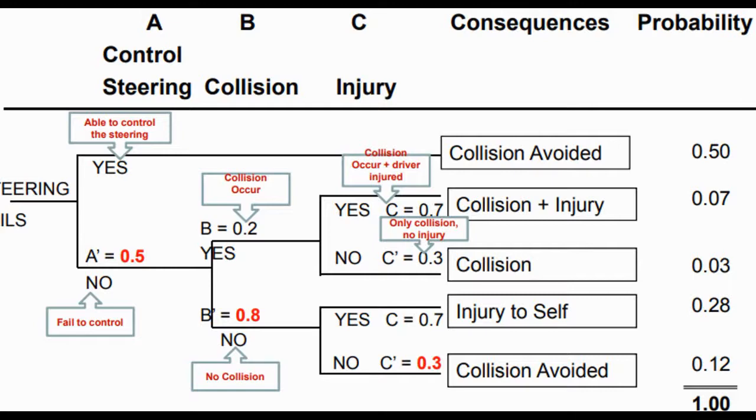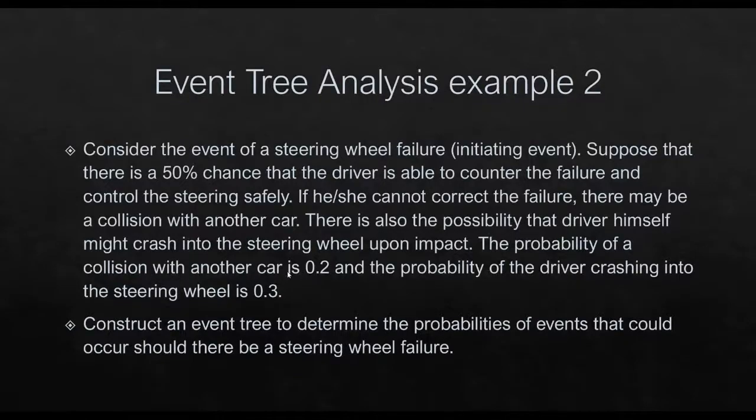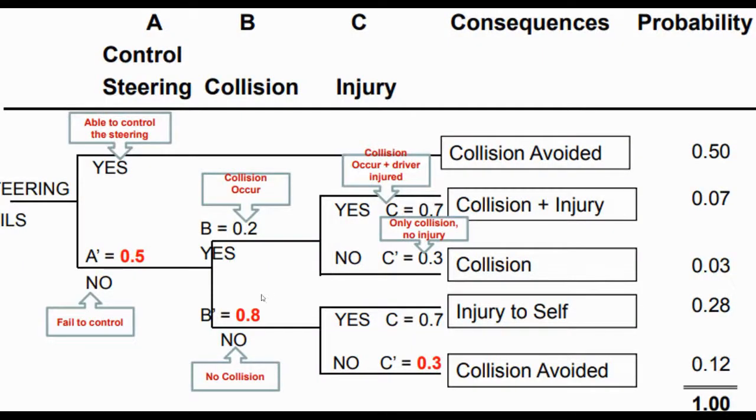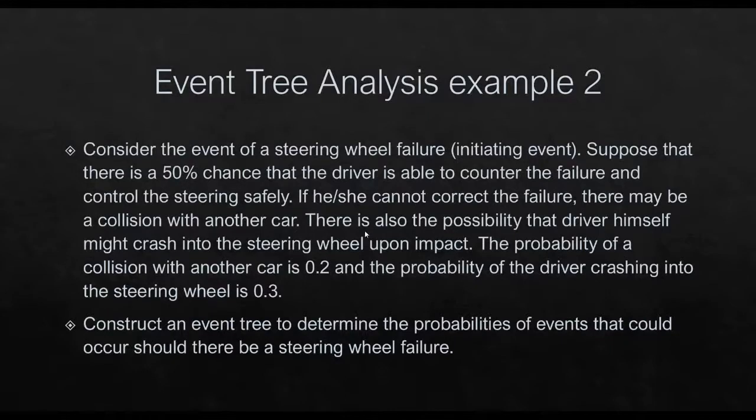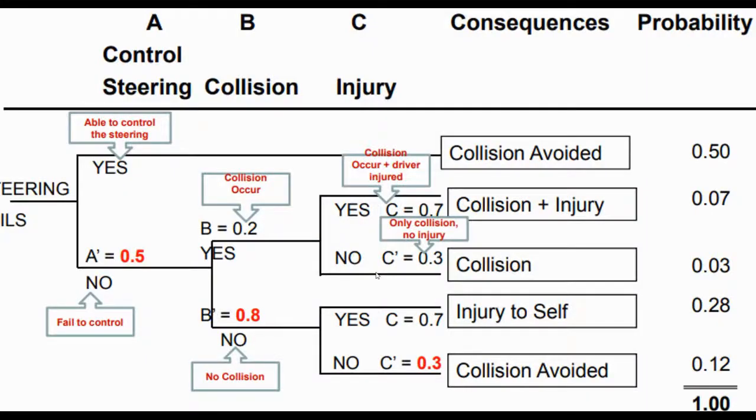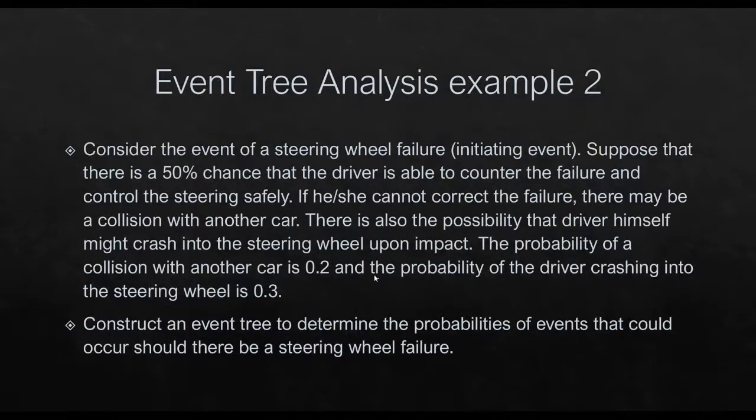Okay, so the collision to another car is 0.2 as mentioned here. Collision with another car 0.2. So the rest of the branch here is 1 minus 0.2 equal to 0.8 lah. Okay, so for the collision occur, probability of the driver crashing into the steering wheels.